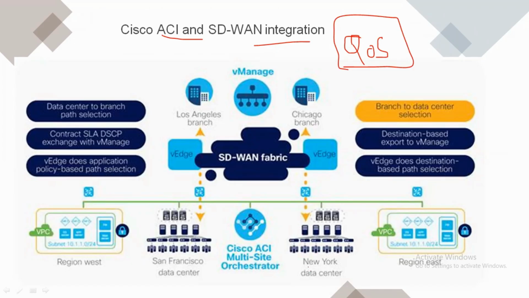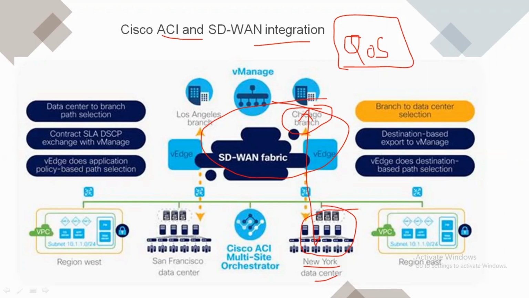Meaning you have a New York data center and a branch in Chicago, and you want QoS for that packet end to end. Whatever QoS you apply in the data center should be the same QoS in your SD-WAN fabric. Then you can do this integration. Otherwise you can do it manually, but with SD-WAN integration, a single policy will be pushed to your on-premises data center as well as the SD-WAN fabric.